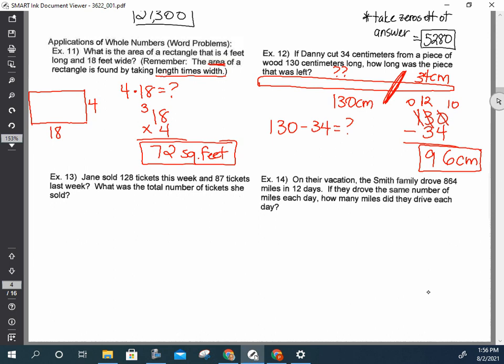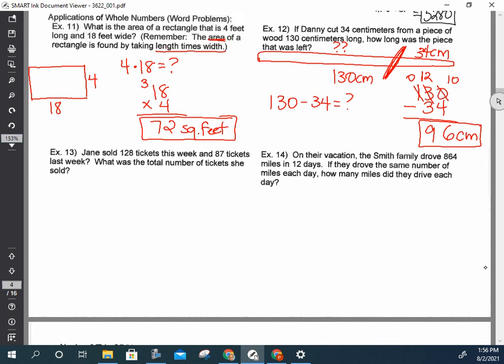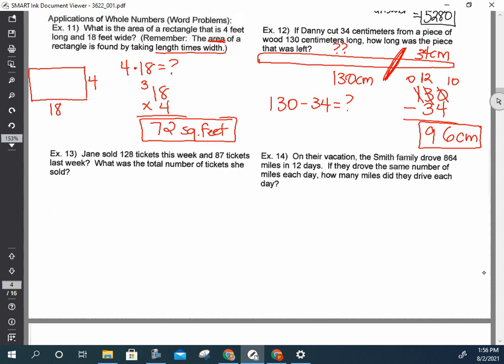Last 2 examples here. James sold 128 tickets this week and 87 tickets last week. What was the total number of tickets she sold? So a keyword for adding is total. Just like a keyword for subtraction is left. How much was left?